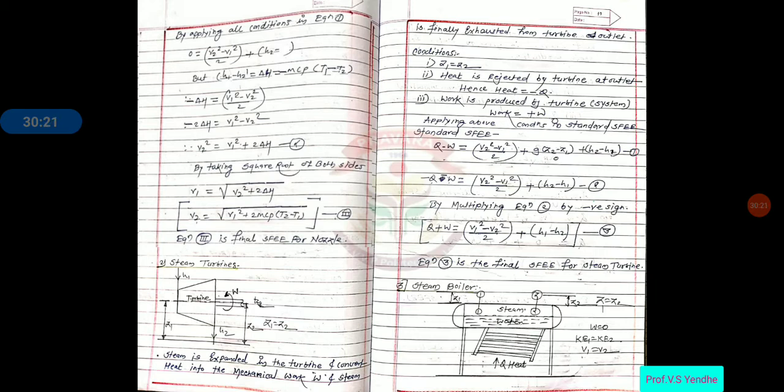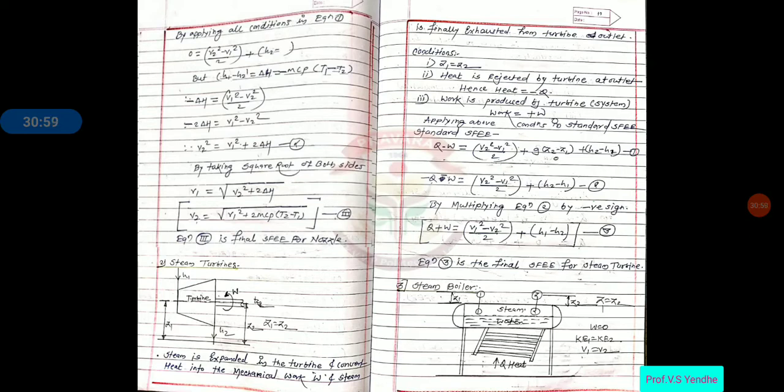Second condition is that heat is rejected by the turbine, that's why Q is equal to minus Q. Work is produced by the turbine, so the work is positive W. Applying all the above conditions, finally we will get minus Q minus W is equal to (V2 square minus V1 square) plus H2 minus H1. Now by changing the sign of the whole equation, we will get Q plus W is equal to (V1 square minus V2 square) divided by 2 plus H1 minus H2.